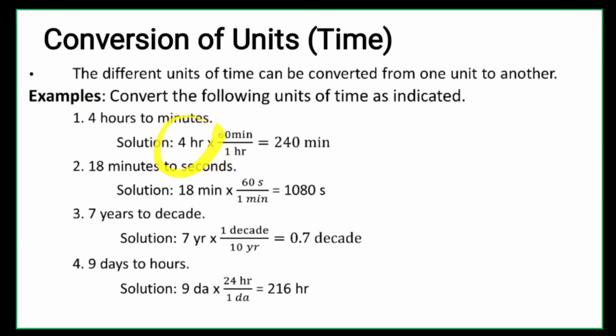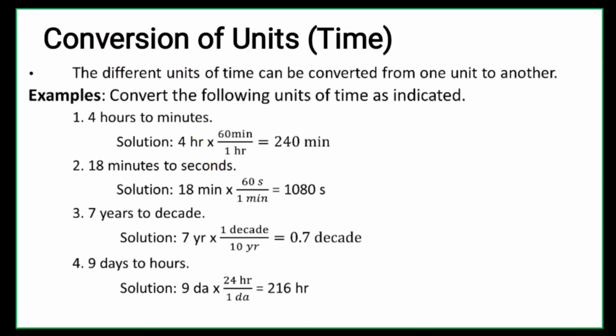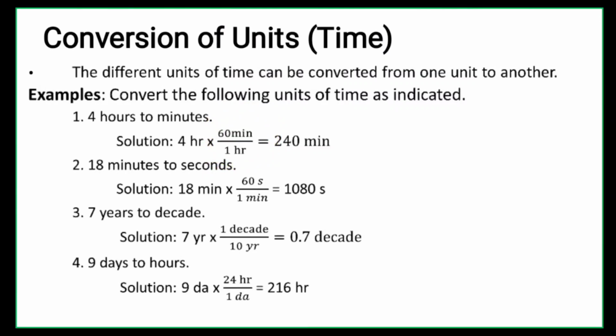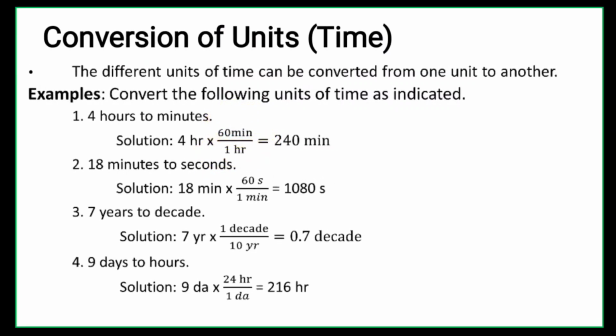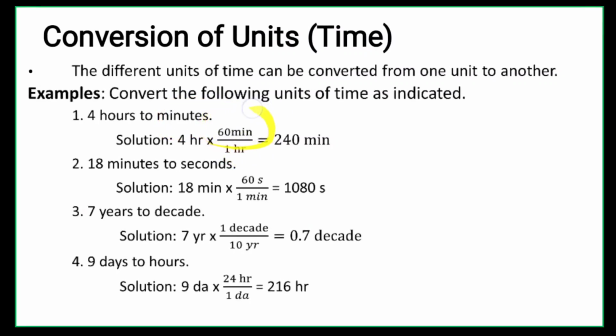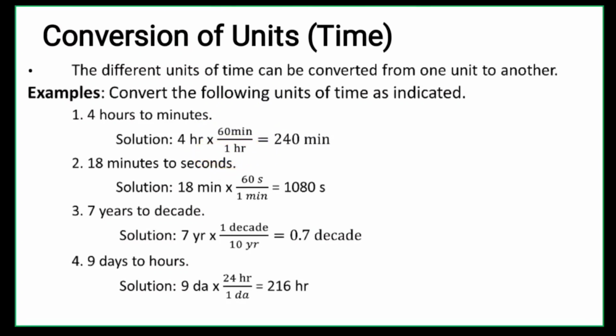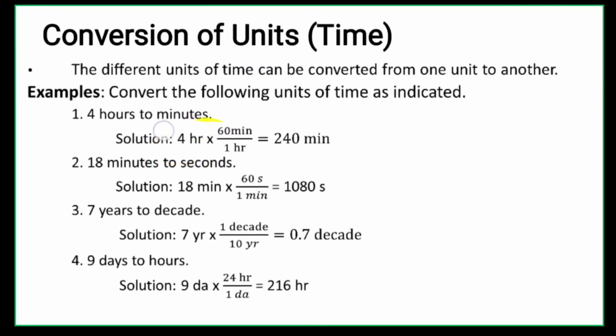So 4 hours. Then multiply that by a fraction. We all know that 1 hour is equal to 60 minutes, since we are looking for minutes. Then we put 1 hour on the denominator since our given is in hours, which is 4 hours.